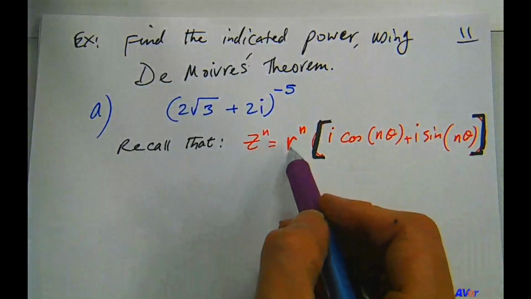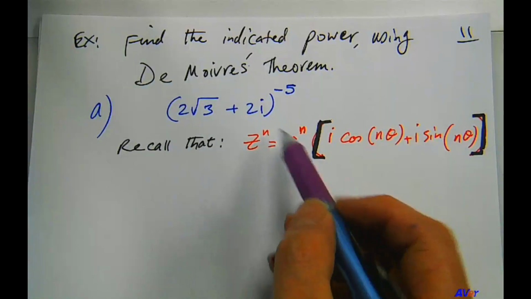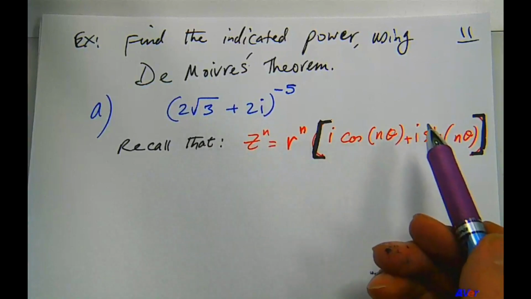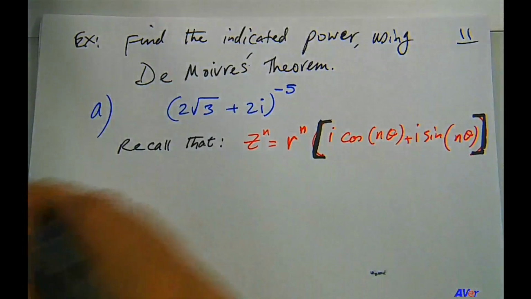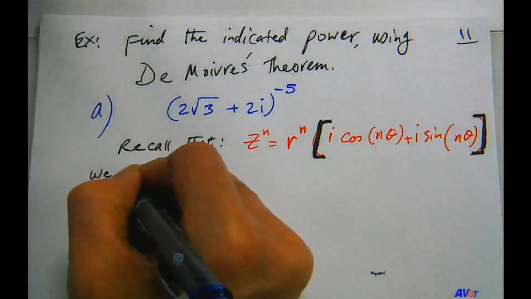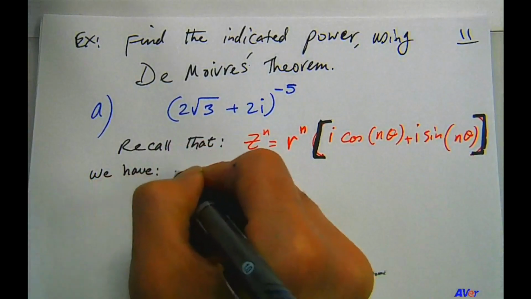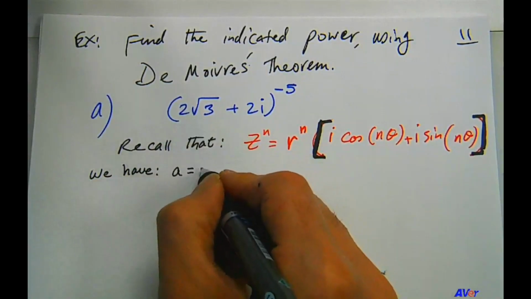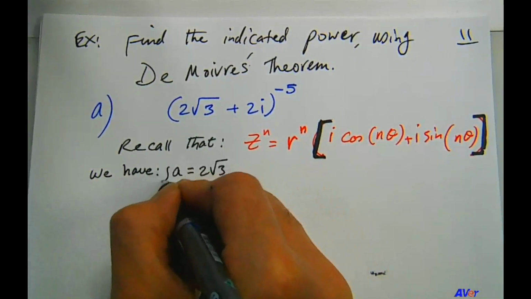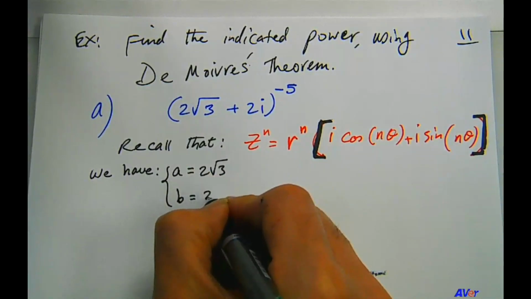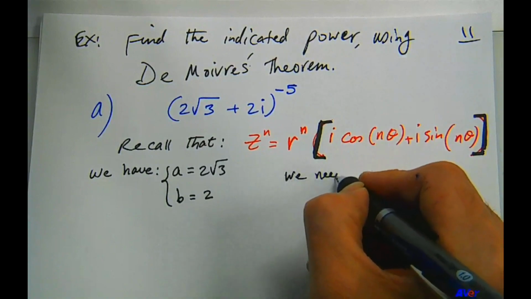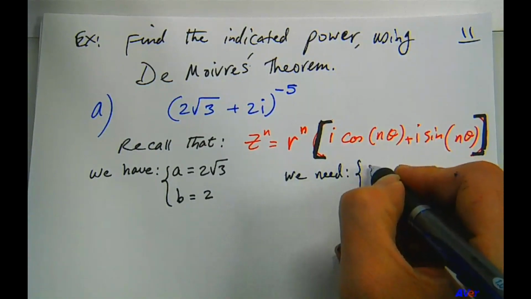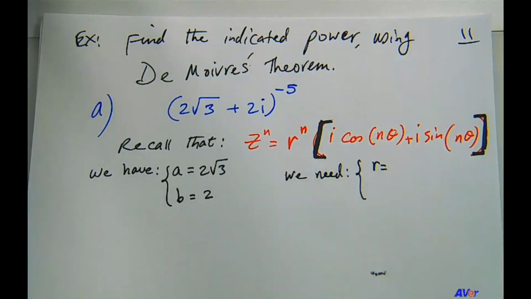Okay, so what do we need in this case? We need the r and theta, right? We already have the n figured out. So we have a equals 2 square root of 3 and b equals 2, and then we need r, which is a question mark, the modulus, right?